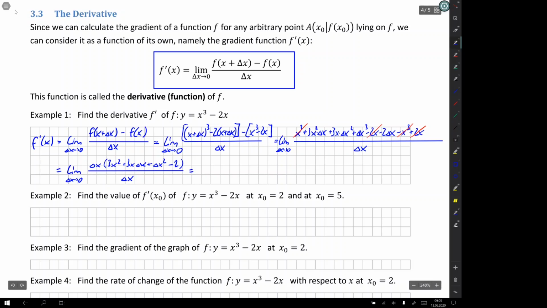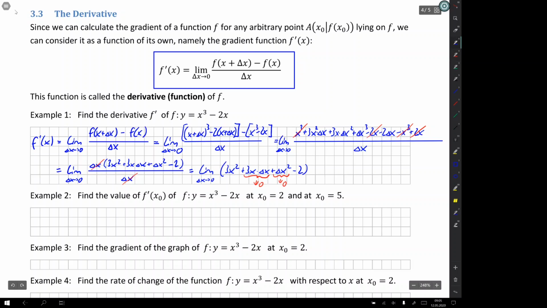Now we can cancel out the delta x, and what remains is the limit delta x going towards 0 of 3x squared plus 3x times delta x plus delta x squared minus 2. And now we see this here goes to 0 because the delta x goes to 0, and this one also goes to 0.